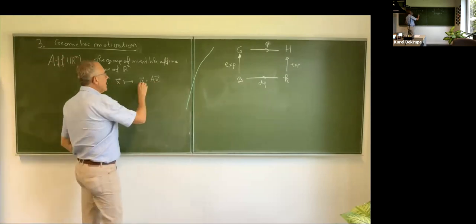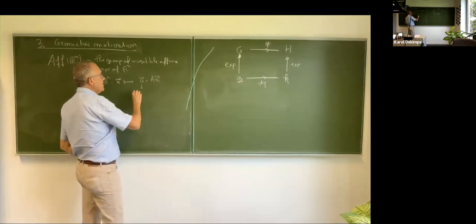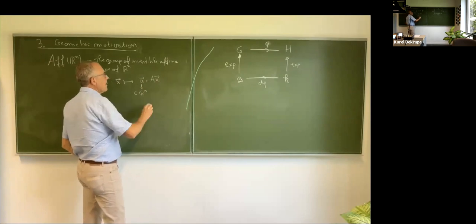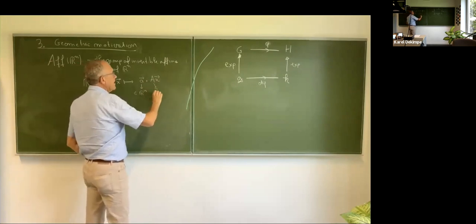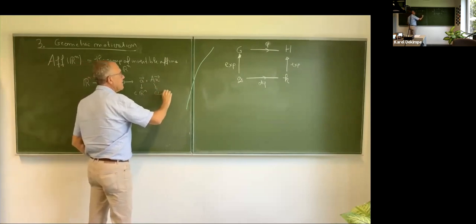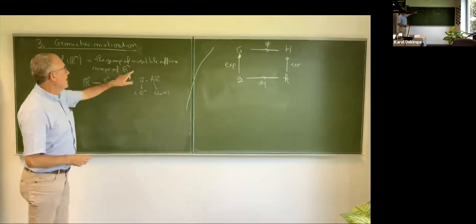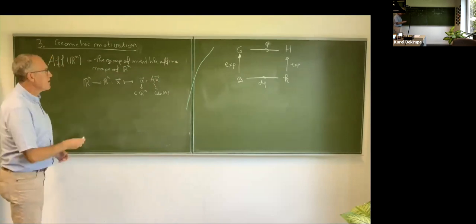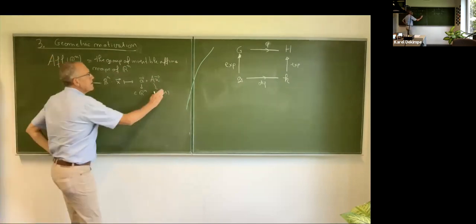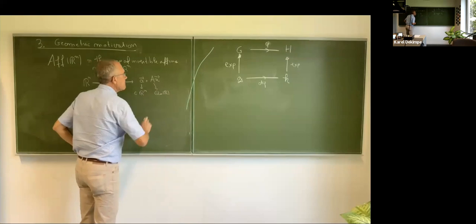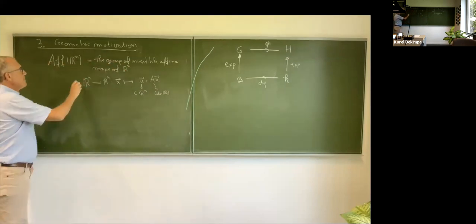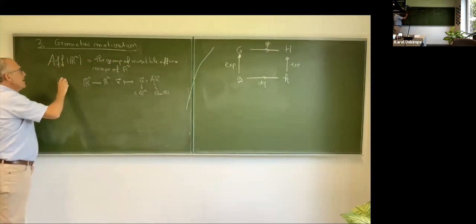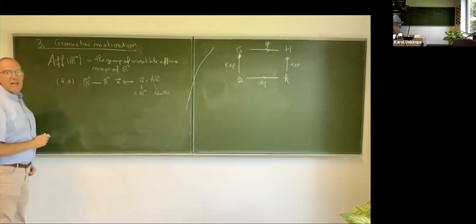So this small a is the translation part, belongs to Rn. And the big A is an invertible matrix, because I'm interested in invertible affine maps. If you look at all affine maps, this is just a square matrix. Oh, sorry, GL(n, R). And so such an affine map, we can denote it by small a and big A.